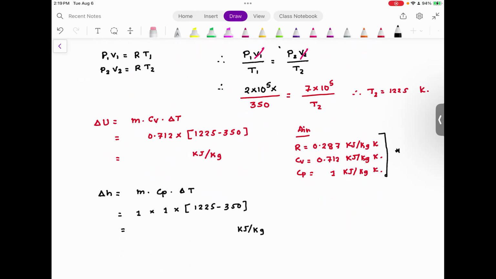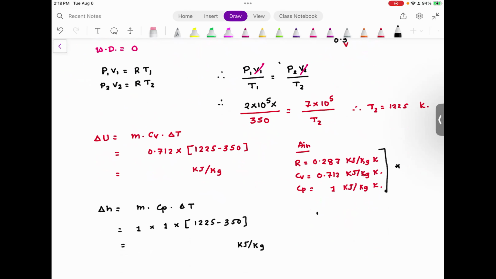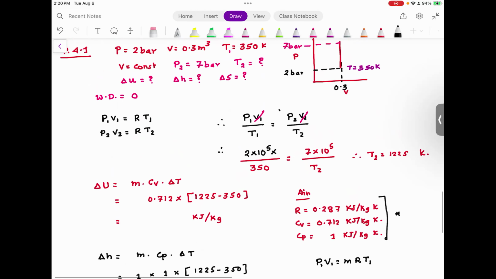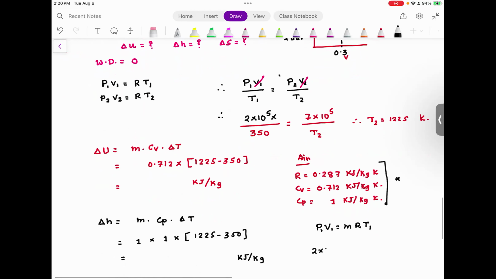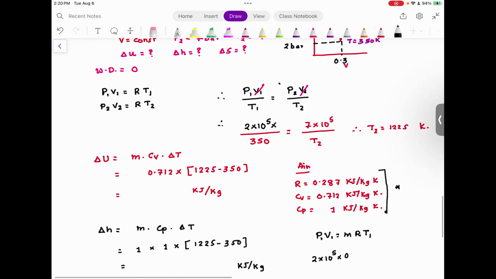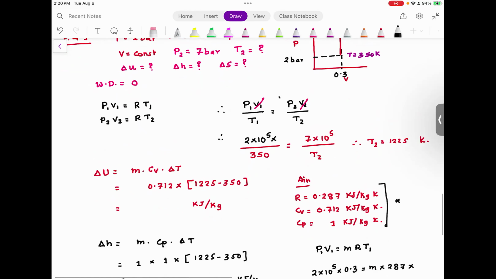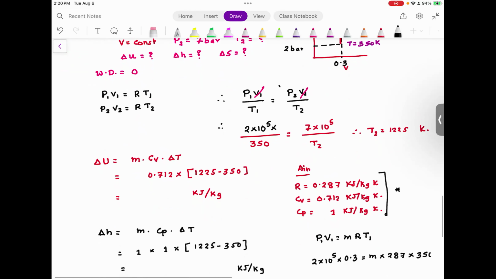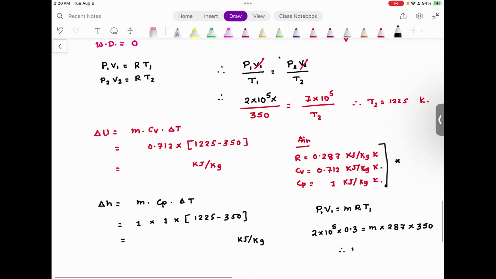If you want to find the mass, you can use the equation P1 V1 is equal to M R T1. P1 is 2 bars, V1 is 0.3, equal to M times 287 times 350. That will give you the value of mass.